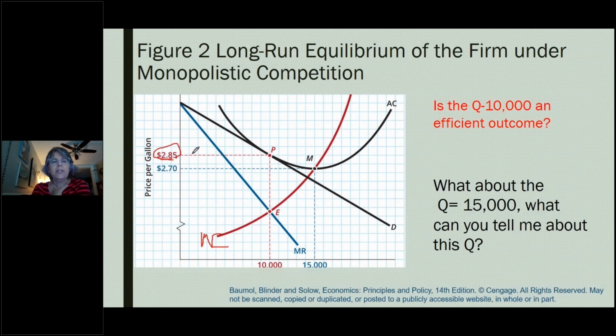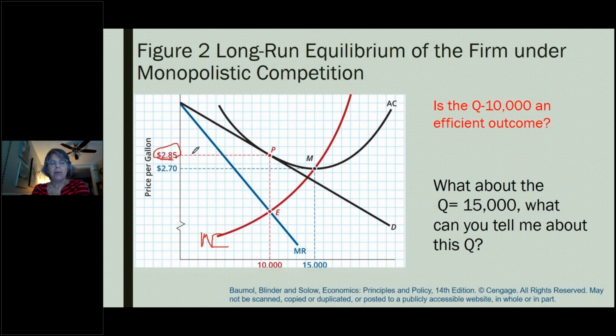Now this $270, remember, for productive efficiency is the point where you're producing at the minimum of your average cost curve. In perfect competition, you always end up at the minimum of your average cost curve. That's always where you produce, but not in monopolistic competition.